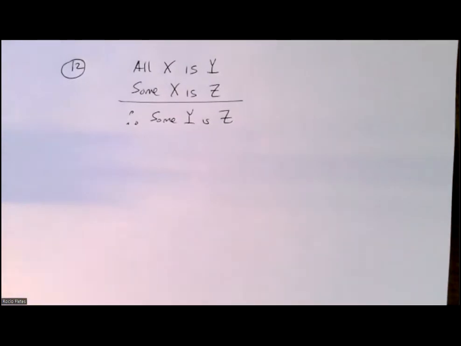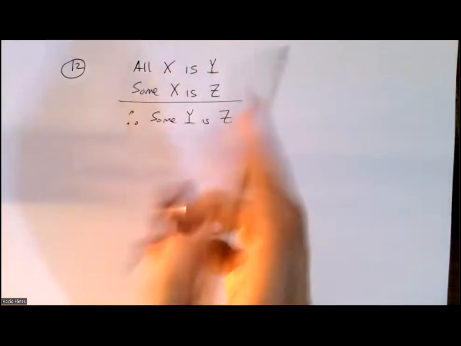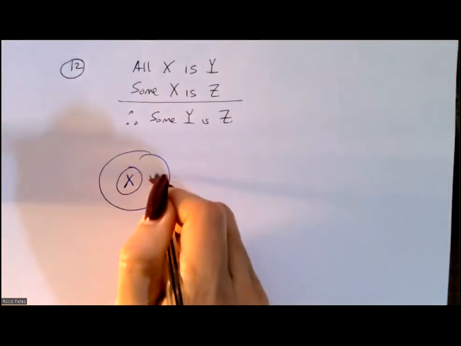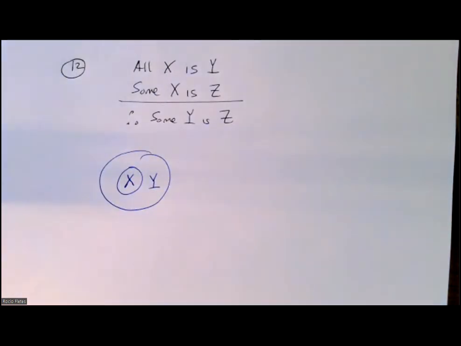So we will just go ahead and do the cases here. So one case, it says all X is Y. So you have X totally inside of Y. That's one for the first premise.